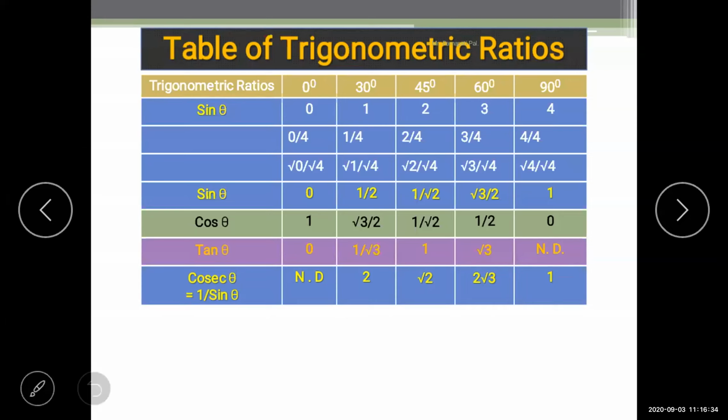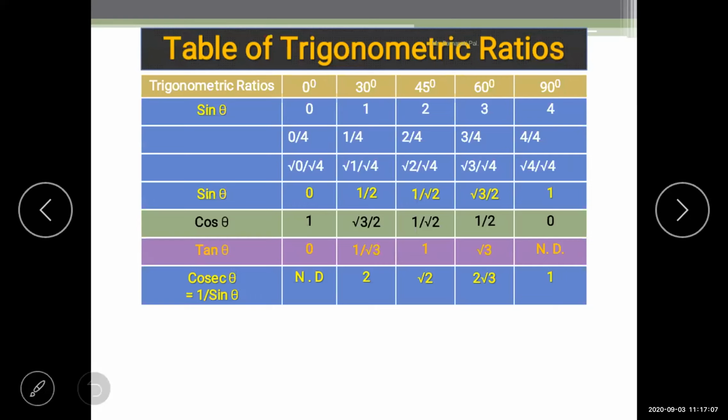So when you reverse it, 1 upon 0, it will become ND, meaning not defined. Correct? And sine 45 is 1 upon root 2. When you reverse 1 upon root 2, what will become? Root 2. Very good.